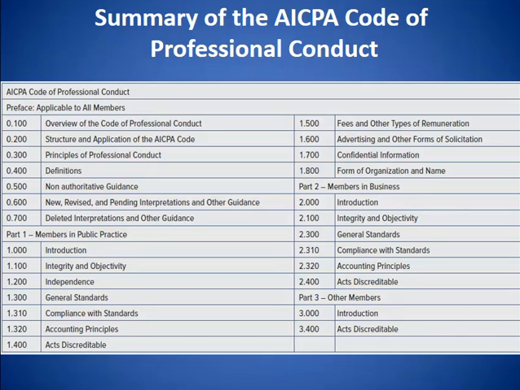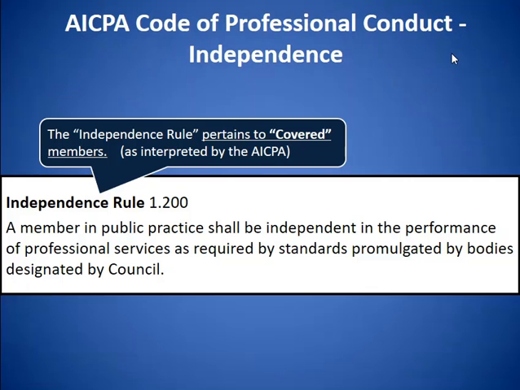So now let's take a look at the overall code of conduct, whether it's applicable to all members, members in public practice, or members in business. We're going to go over the code of conduct in general and try to understand the major portions. The first area in the code of conduct is the independence rule.